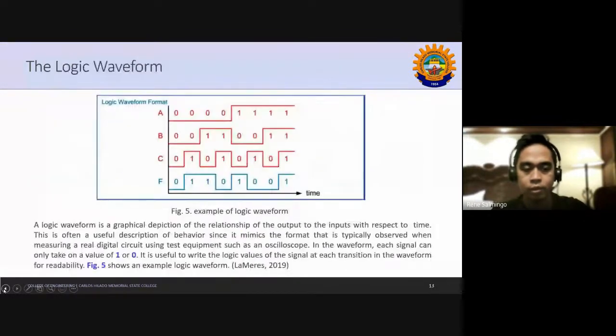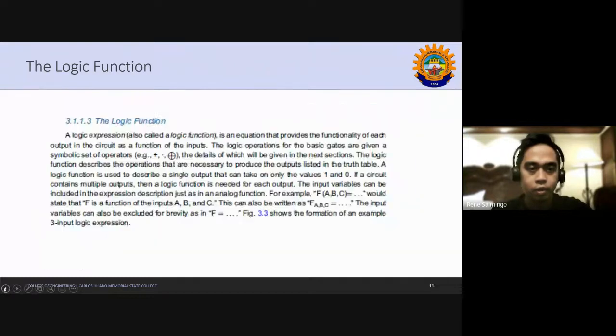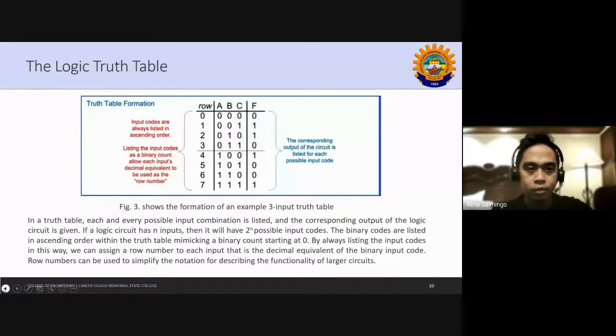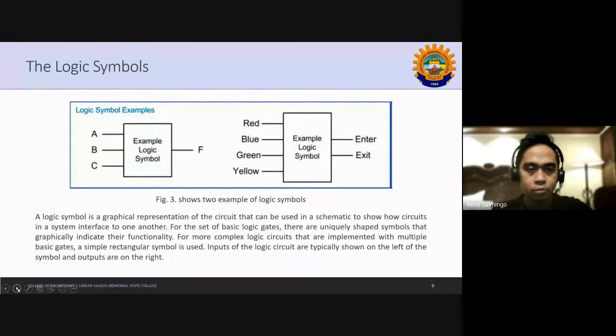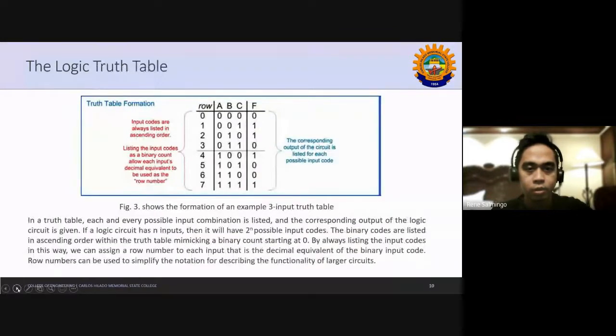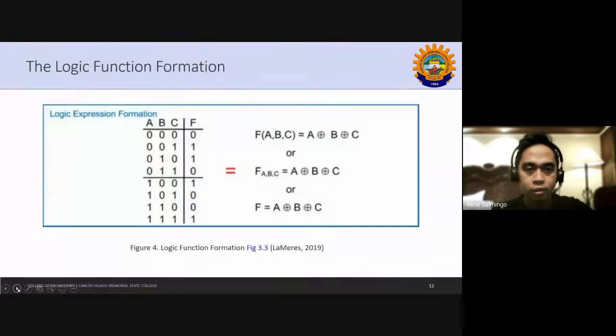So yesterday we discussed how we perform the following. We need to put logic symbols, logic truth table, logic function, and we have to create our function formation, function of A, B, C as your input, and this would be your output.